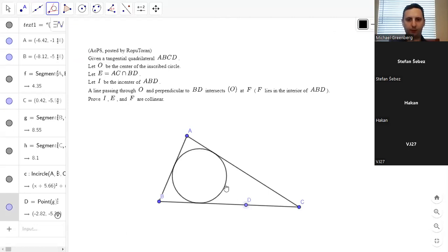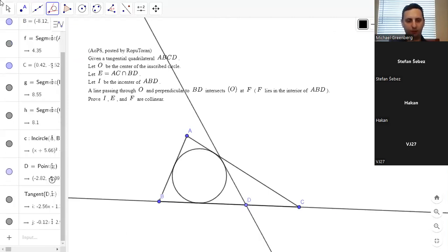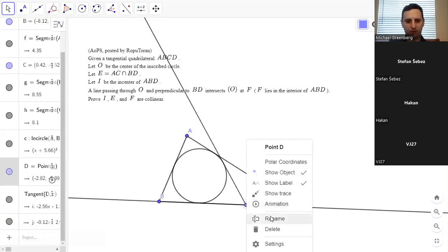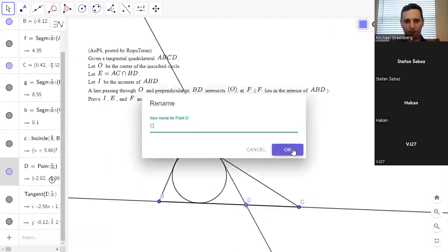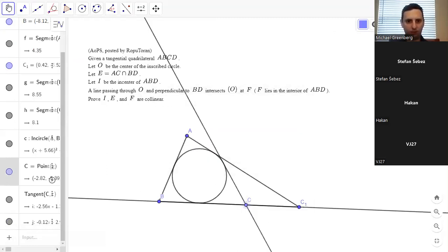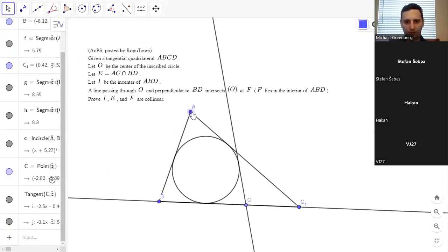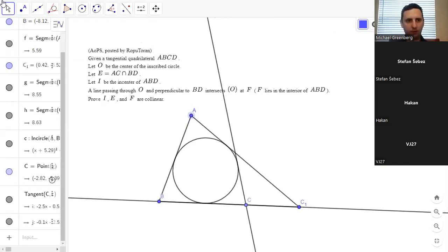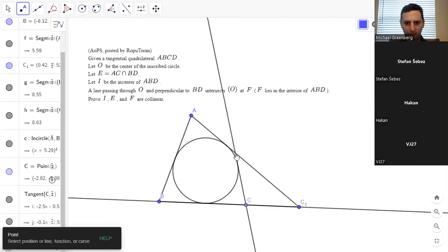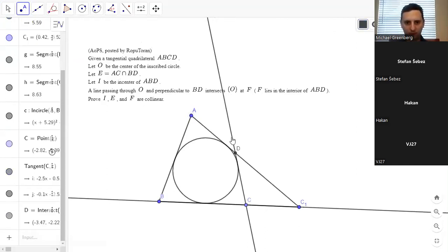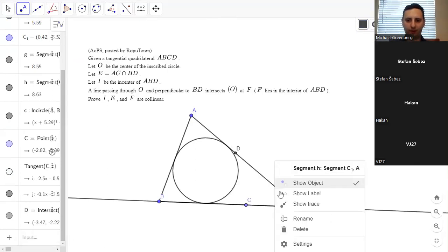But I'm going to have to rename stuff. So this should now be C, and this should be D. And then I will hide a whole bunch of stuff. I don't know if that's the fastest way, but I've done it like that before.